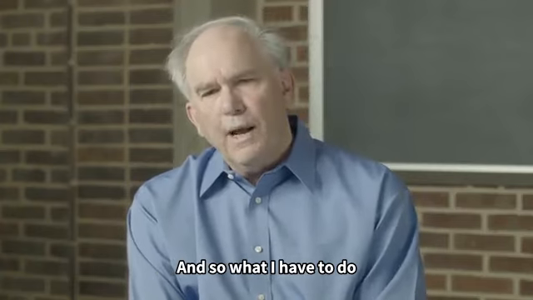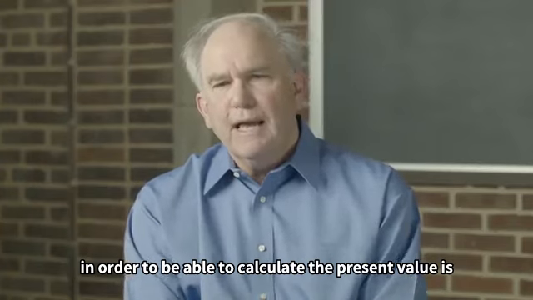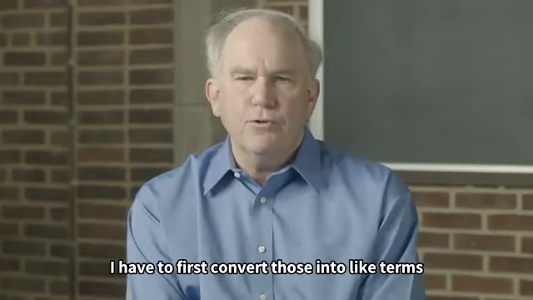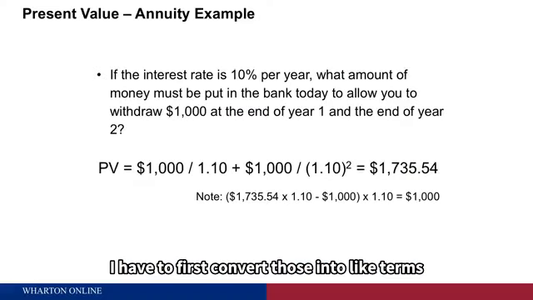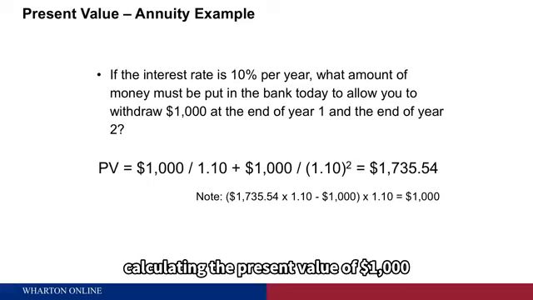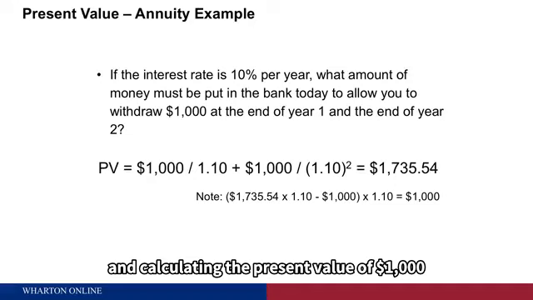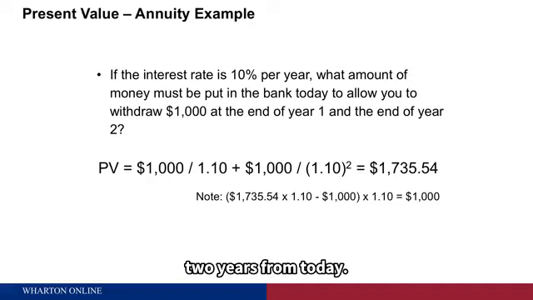And so what I have to do in order to be able to calculate the present value is I have to first convert those into like terms. And the way I'm doing that is calculating the present value of each. So I'm calculating the present value of $1,000 a year from today and calculating the present value of $1,000 2 years from today.